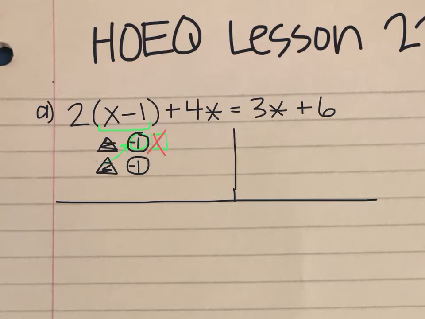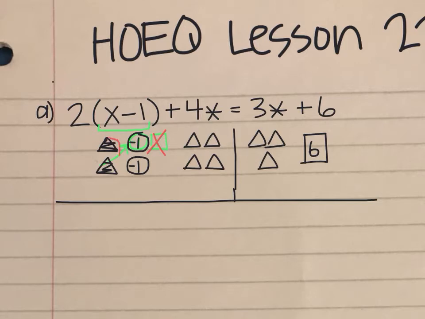Now I've got 4 stars, and on the right I've got 3 stars and a positive 6. So first thing I notice is that I have my 2 x's here from repeating x minus 1 2 times.